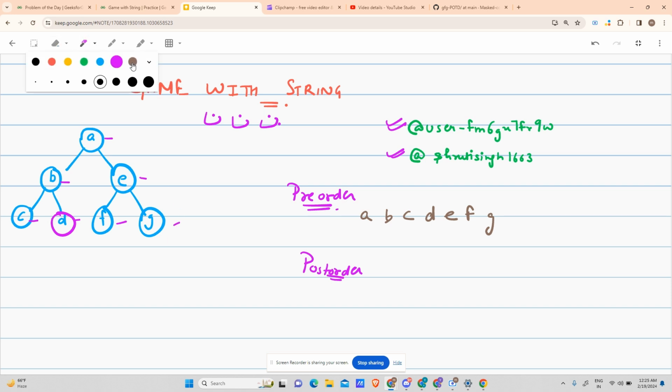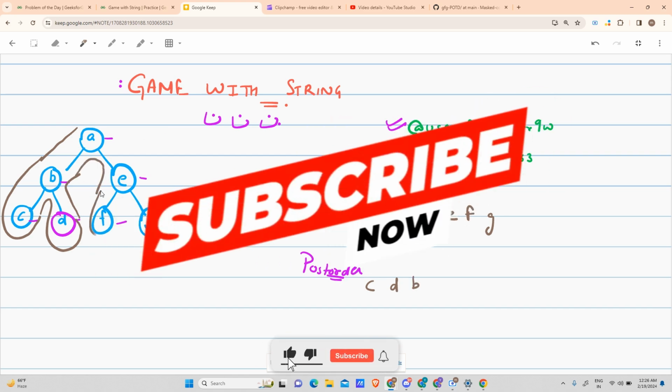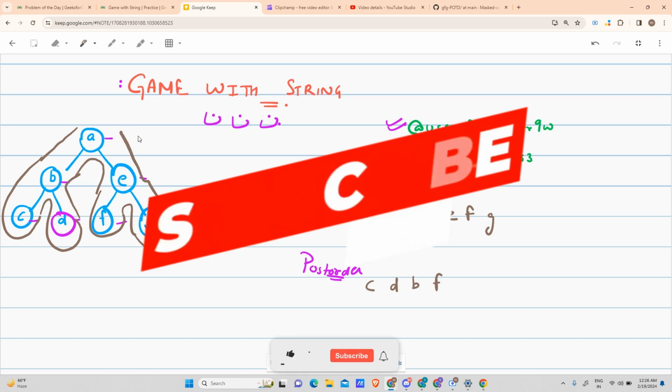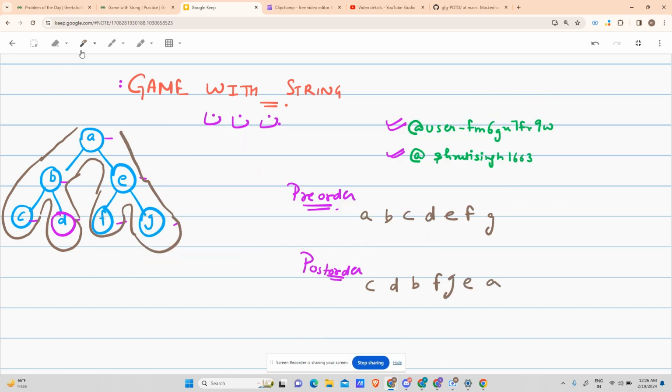Again, start traversing, not from the right, only from the left. Here also it will start from the left. Wrap it around, C. Wrap it around, D. Then B. Then you will encounter F. After that wrapping, G, then E, then A. So it will be G, E, A. This will be your post-order traversal.